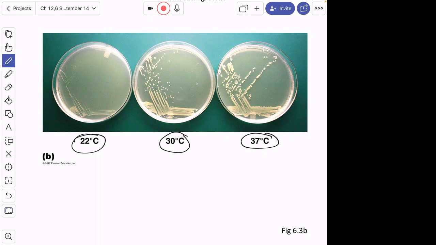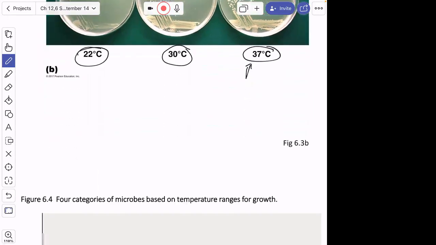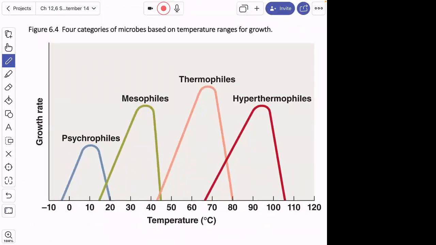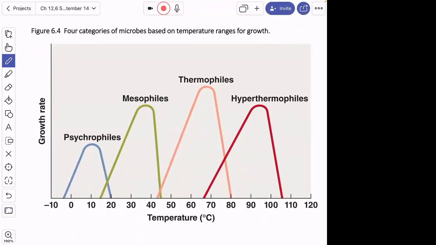It's growing faster there. Okay, so of course we've got some terminology to describe that. I'm not too interested in the exact degree. That sometimes is a little bit fuzzy on the actual zone. Psychrophiles, these are our cold-loving organisms. Again, I always consider about 21, 22 being room temperature.